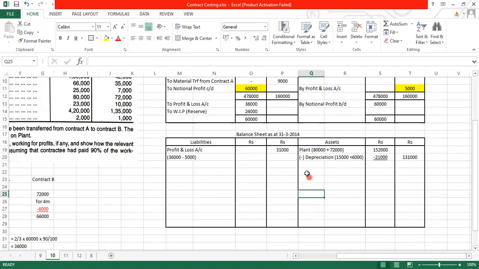Then we write down WIP, work in progress.